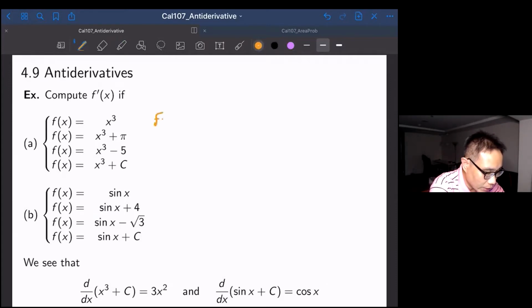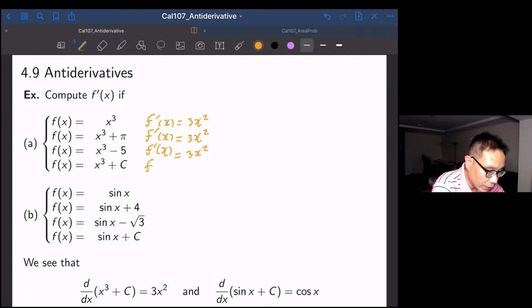So you get f prime x equal to 3x squared. Another one is f prime x equal to 3x squared as well. And you have f prime x to be 3x squared. And finally, you have f prime x also equal to 3x squared.